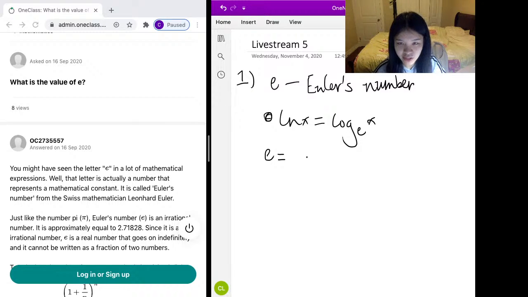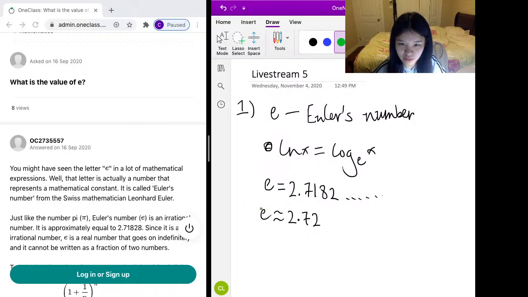So usually we're just going to use 2.72 for the value of e, with 3 significant figures, because it's an irrational number.